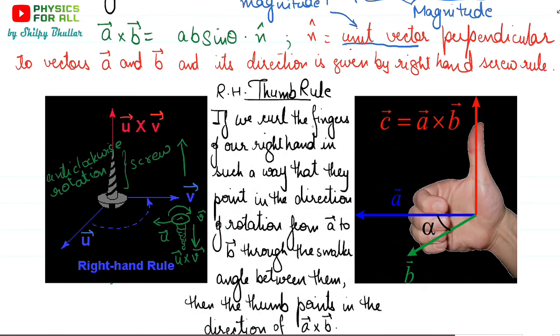Right hand thumb rule. What does it state? See, here we have a right hand and we curl our fingers inwards.